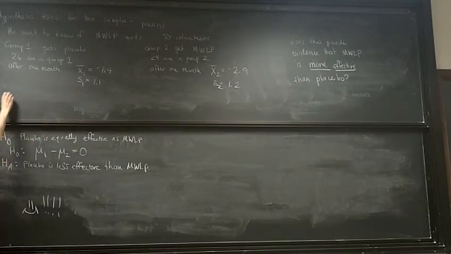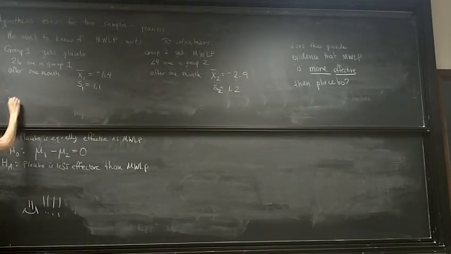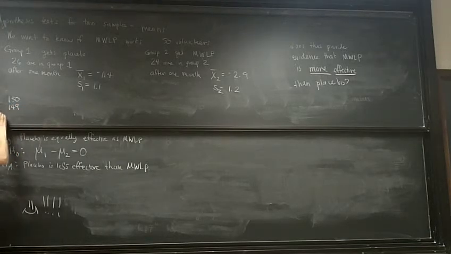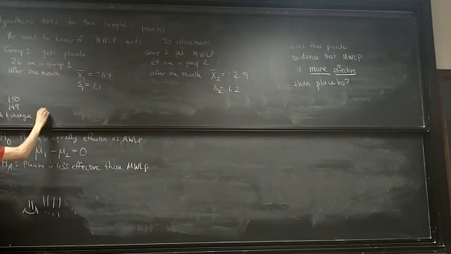So let's say somebody starts off at 150 pounds, and after taking placebo, let's just say it's not that effective, they lose 1 pound, so they end up at 149, so that weight change is what? Minus 1.